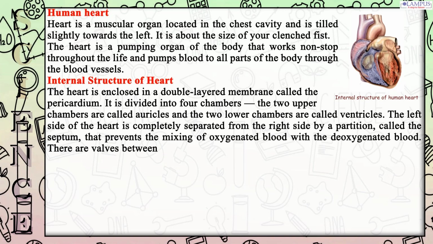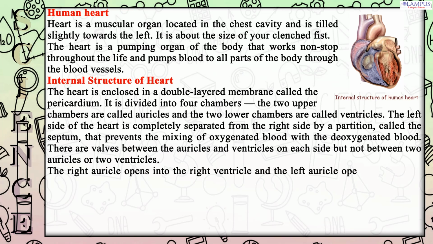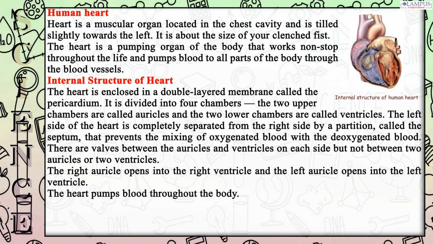There are valves between the auricles and ventricles on each side, but not between 2 auricles or 2 ventricles. The right auricle opens into the right ventricle and the left auricle opens into the left ventricle. The heart pumps blood throughout the body.